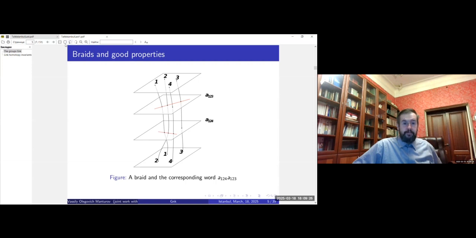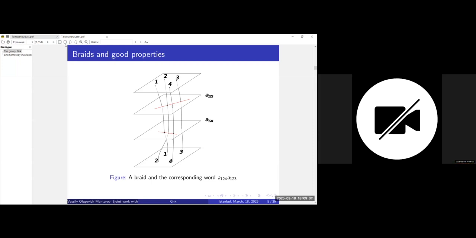Okay, and so here is an example. If we have a braid in 3-space and move points, maybe I can call them 1, 2, 3, 4, I can look at those moments when 3 points are collinear, for example. And I will write a word.